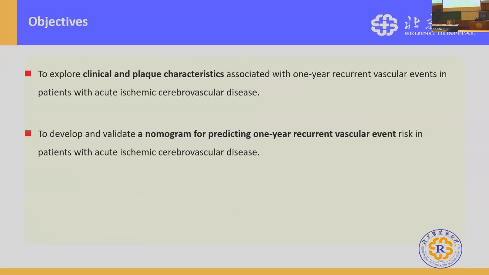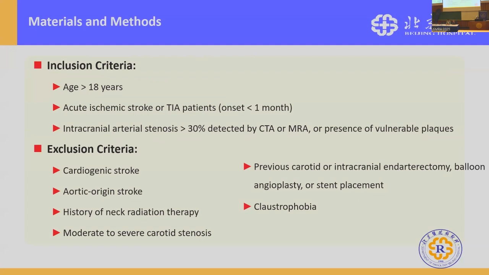Therefore, our study aimed to, number one, explore clinical and plaque characteristics associated with one-year vascular event recurrence in acute ischemic cerebrovascular disease patients. And number two, develop and validate a nomogram for predicting one-year vascular event risk. Here are our inclusion and exclusion criteria.